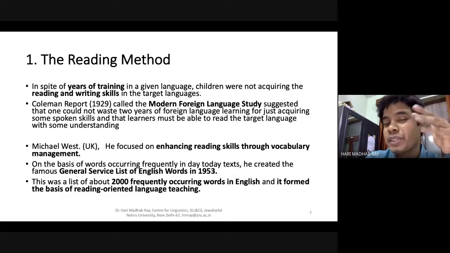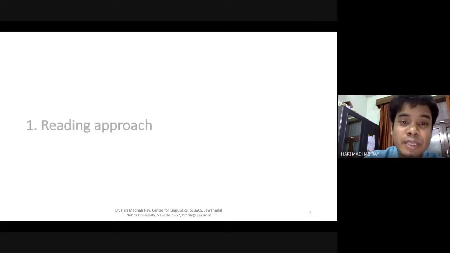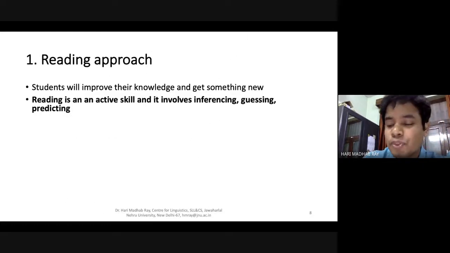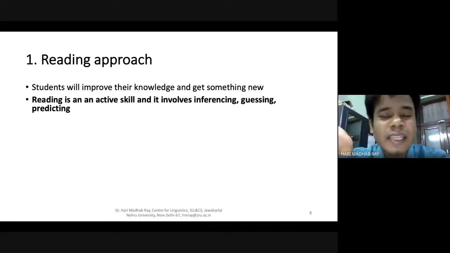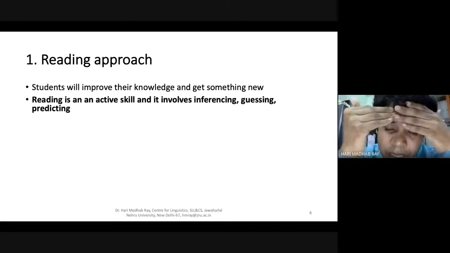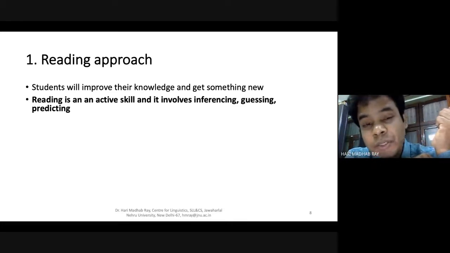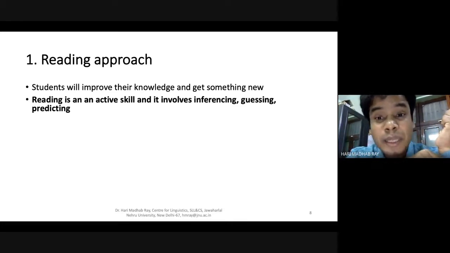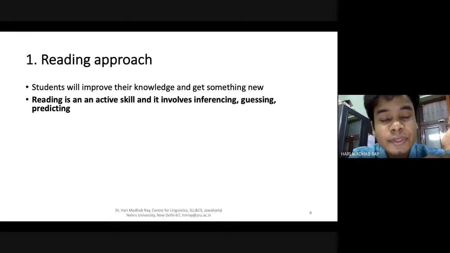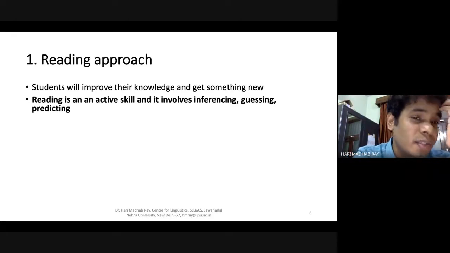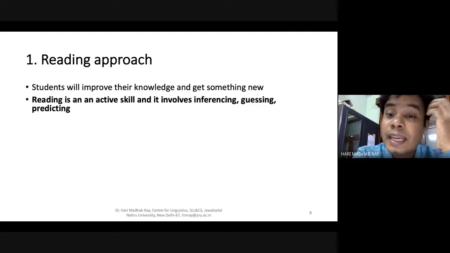So the grammar translation method, the direct method, and even the reading method were introduced. And the reading method, or reading approach, if you look at it, is really good. I told you, even Stephen Krashen himself talks about the reading approach as a method of language learning, because reading is good, and learners improve their knowledge and get something new.